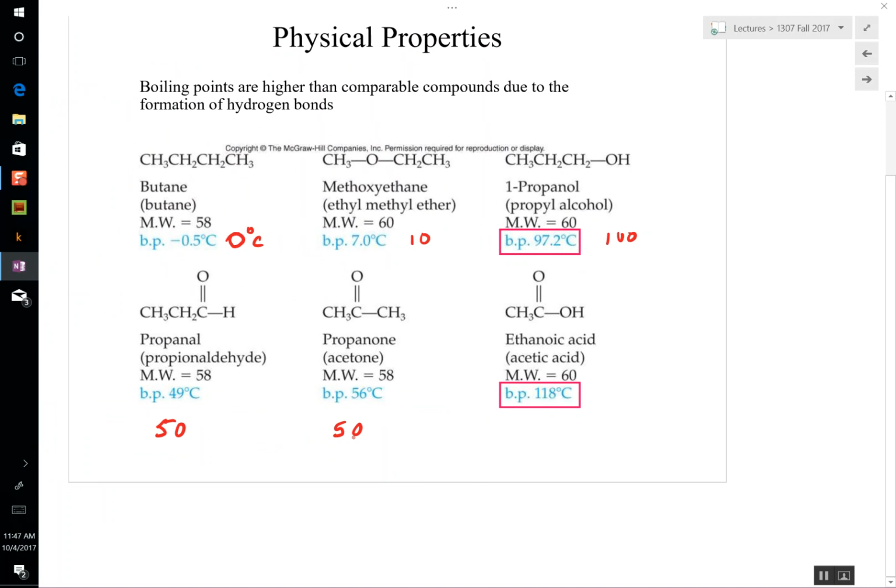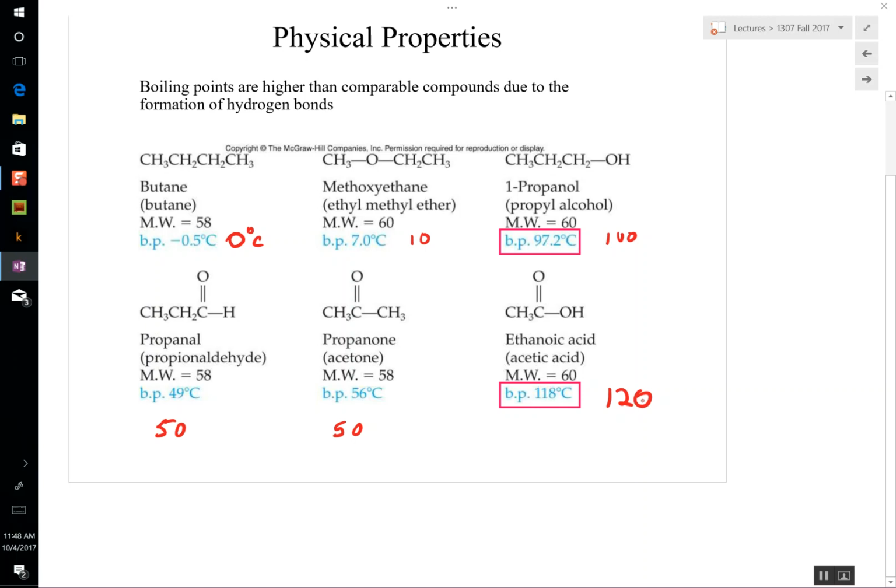So we're going from the alkane to the ether, aldehyde, ketone, alcohol. And look at this, the carboxylic acid is approximately 120 degrees centigrade, so 20 degrees higher boiling point, because these molecules are attracted to one another more tightly than even an alcohol of the same molecular weight.